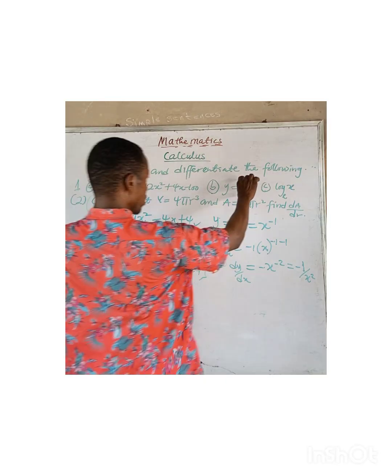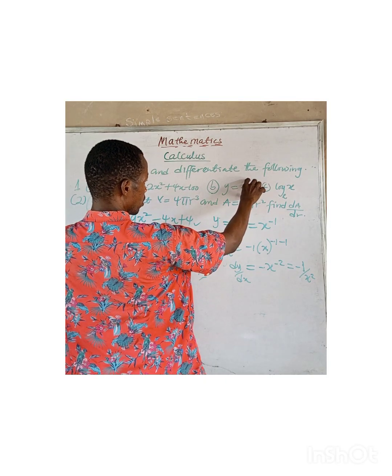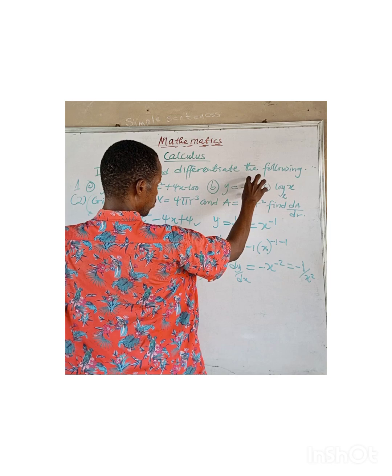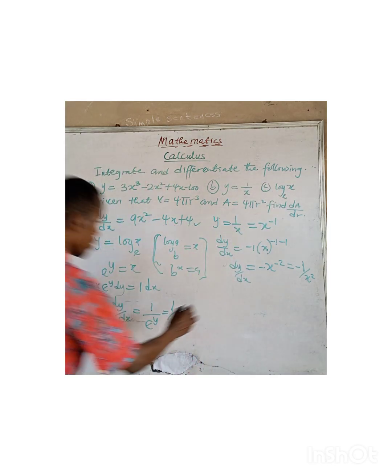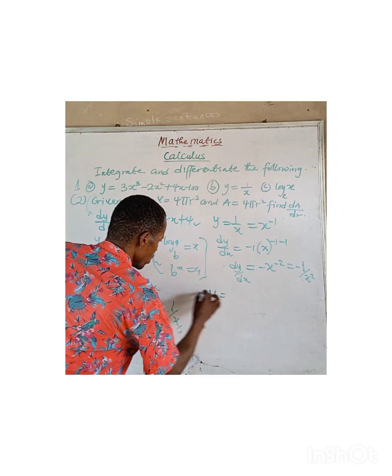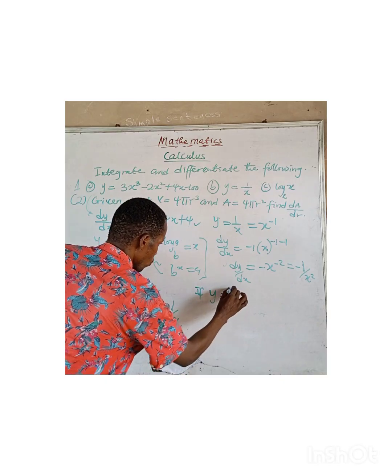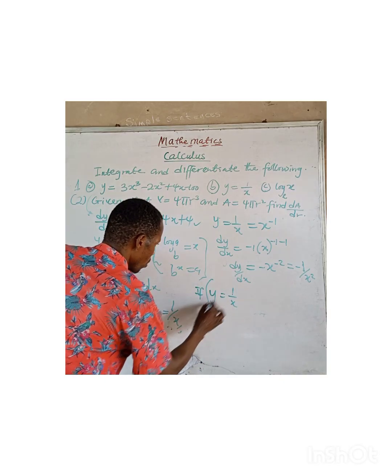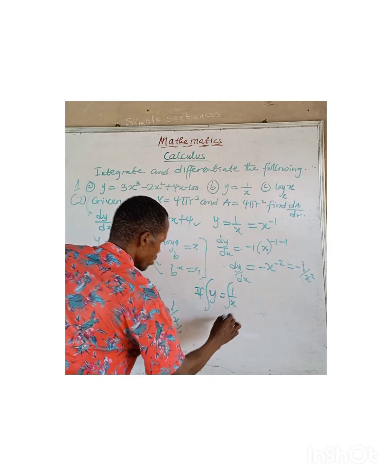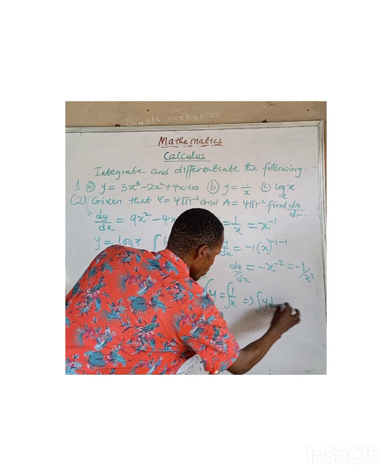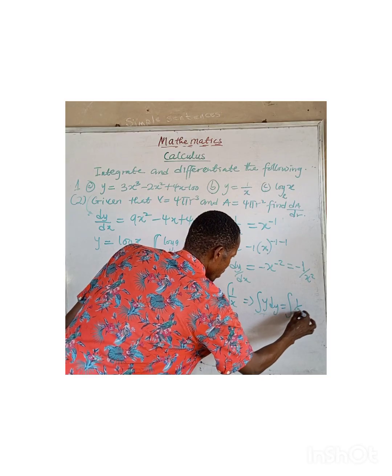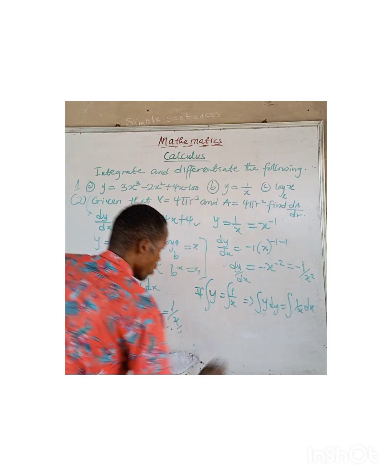So you can see it's the opposite of differentiation. If you integrate this one, 1 over x, it's going to give us this one back. So if y is given, let's say y is equal to 1 over x, the integral of dy must give us the integral of 1 over x dx.